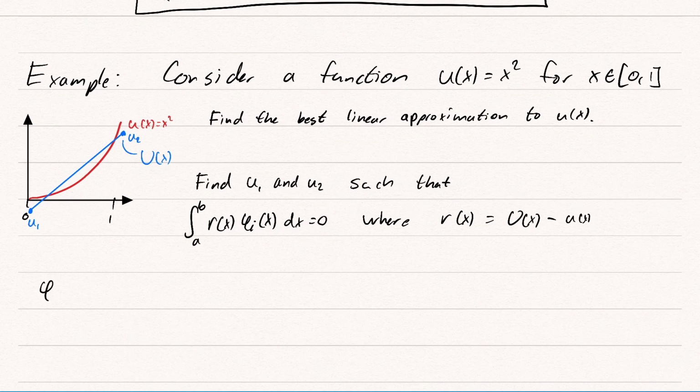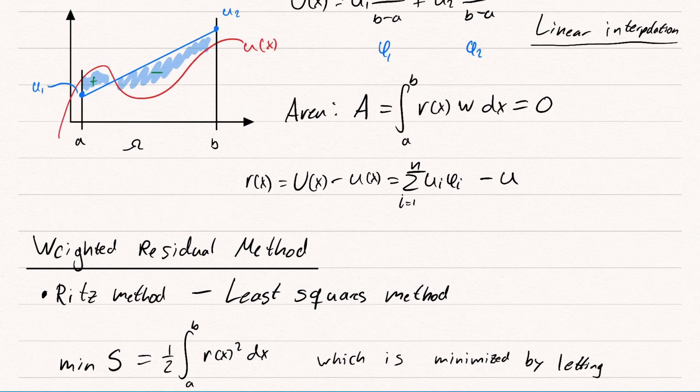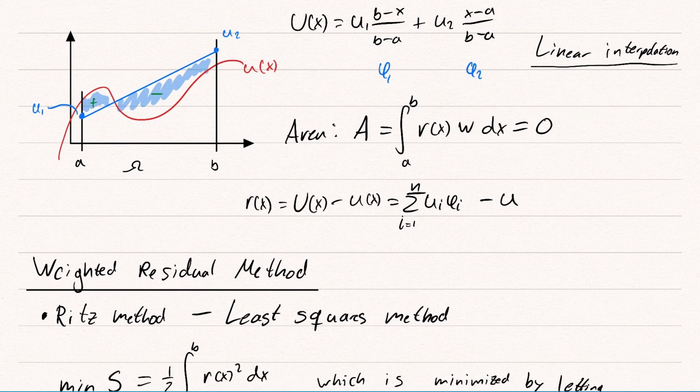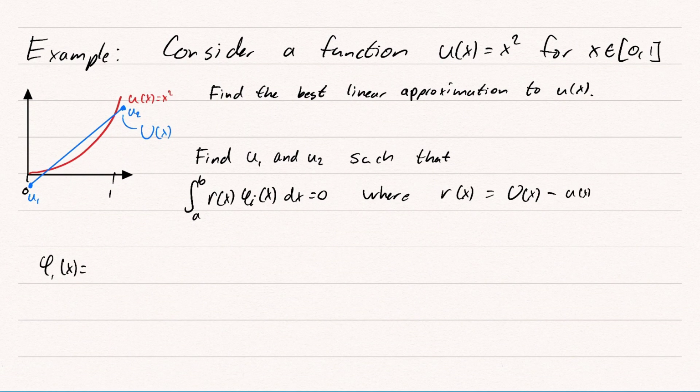Phi 1 of x is again, we have it up here, b minus x over b minus a, which is 1 minus x over 1 minus 0, and phi 2 of x is x minus a over b minus a.